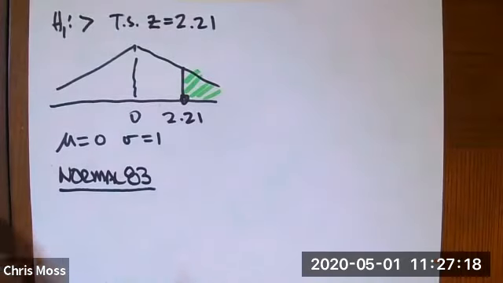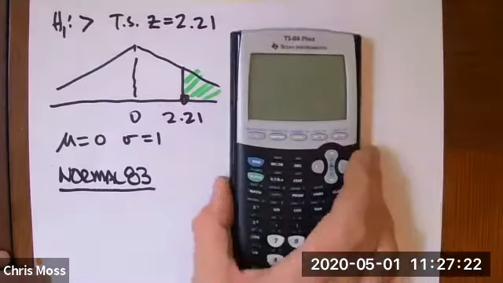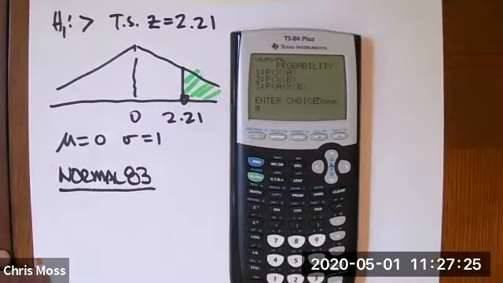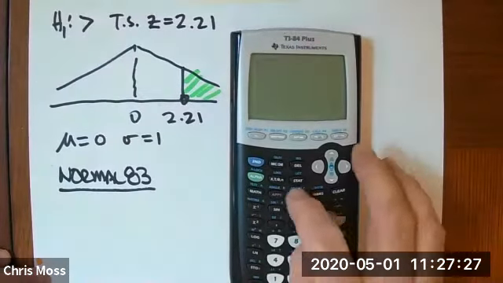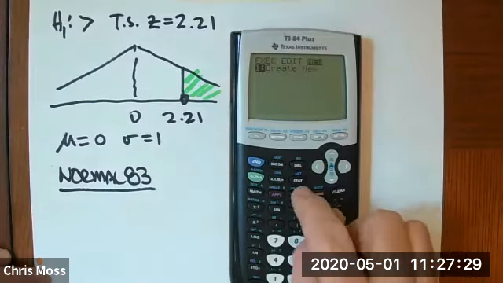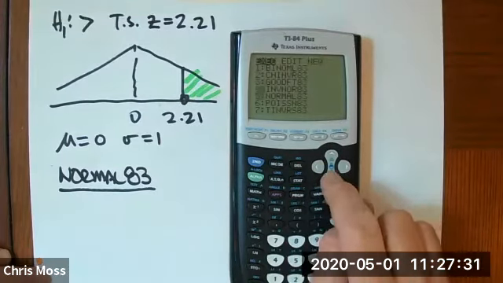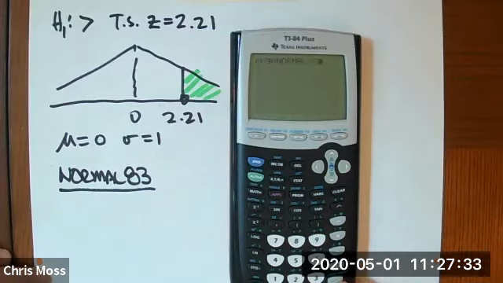So we'll use normalcdf, which finds us the area, hence the probability. I'll turn on my calculator and find the normal cdf program. This is option number 1. 0 for the mean, 1 for the standard deviation, greater than 2.21.